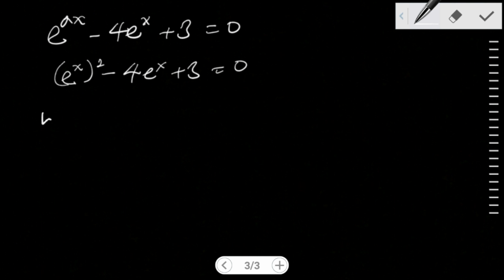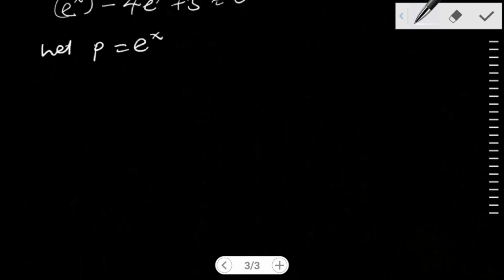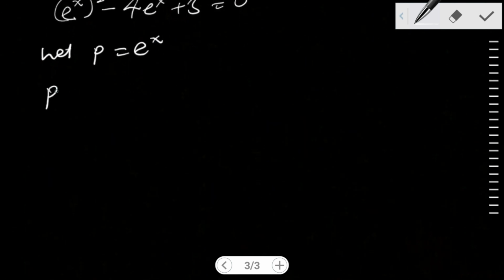So let p be equal to e to the power x. Therefore we are going to have p squared minus 4p plus 3, this would be equal to 0.